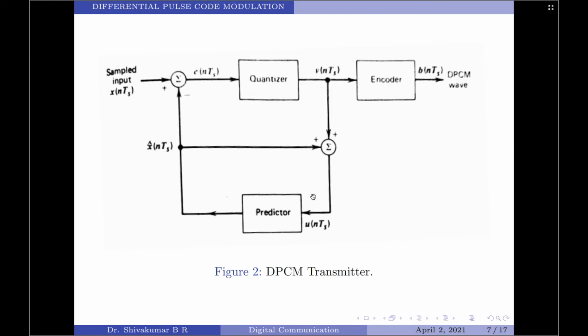Additionally, the input to the predictor is the output of the quantizer plus the predicted value of x of nTs, which is x cap of nTs here. Finally, we encode the quantizer output and represent it in terms of a waveform, which becomes the DPCM waveform, and this is transmitted through the channel.